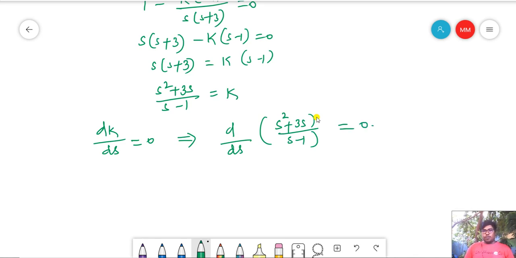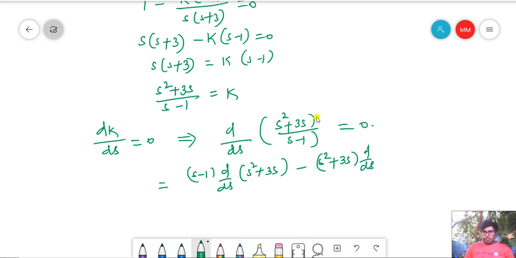It is in the form of u by v, so we solve it: s minus 1 times d by ds of s square plus 3s, minus s square plus 3s times d by ds of s minus 1, whole divided by s minus 1 whole square, equal to 0.